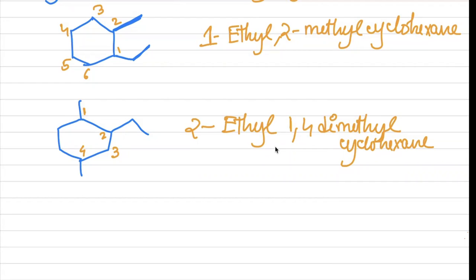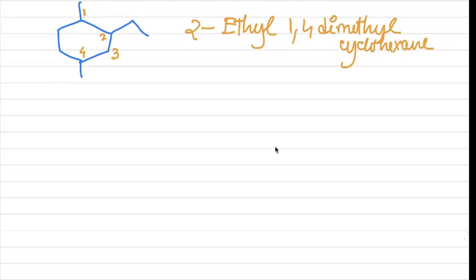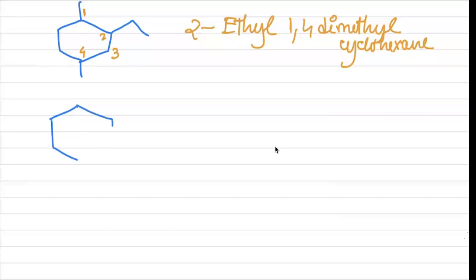Yes. Yes, boys, clear or not? Yes, ma'am. Okay. Now suppose the cyclic compound is like this. Numbering will start from here because the methyl groups are present.